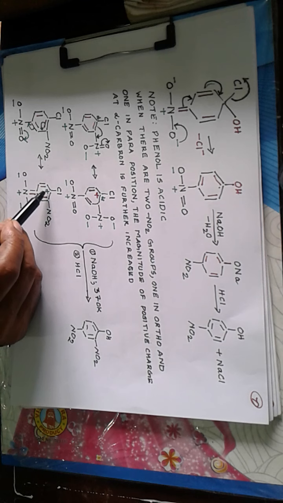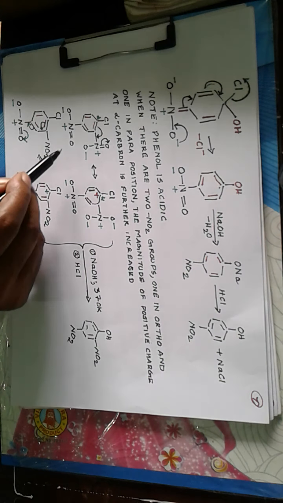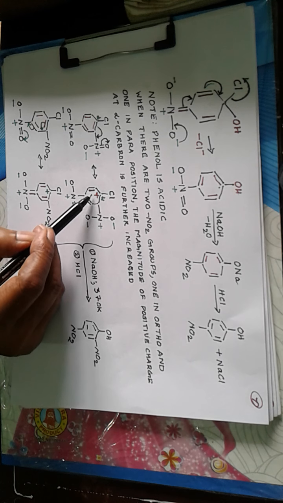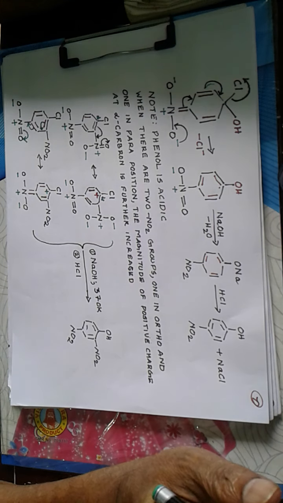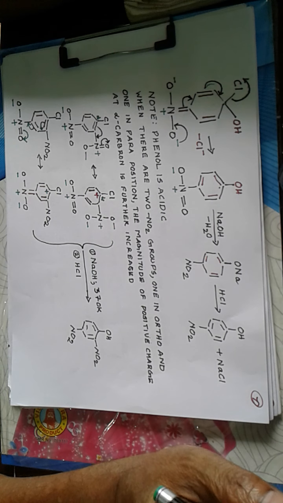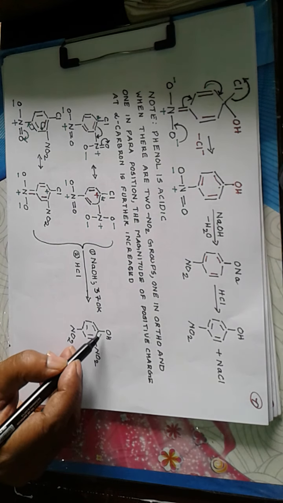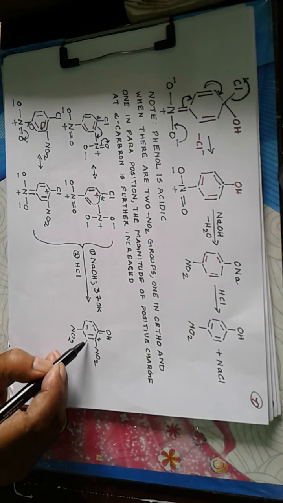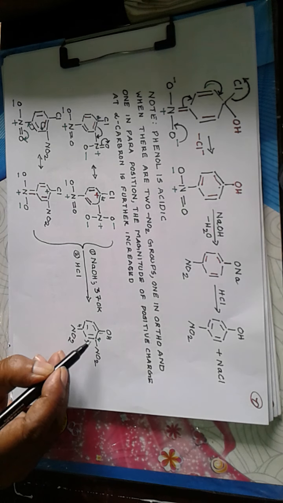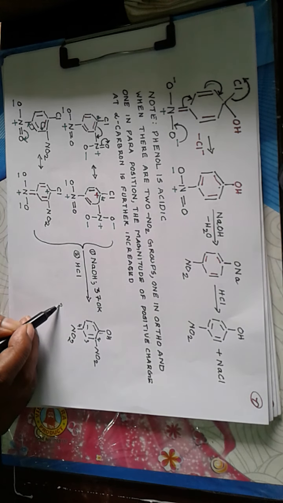So again positive charge is created. This means the combined action of nitro groups increases the magnitude of partial positive charge at the alpha carbon. So a speedier reaction can occur with OH negative, and we get 2,4-dinitrophenol.